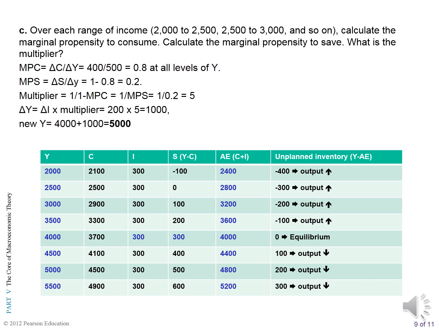The initial equilibrium كان 4000. اوكي، بعد كده investment increases by 200 so income will increase by 1000 يبقى the new level of equilibrium will be 5000.